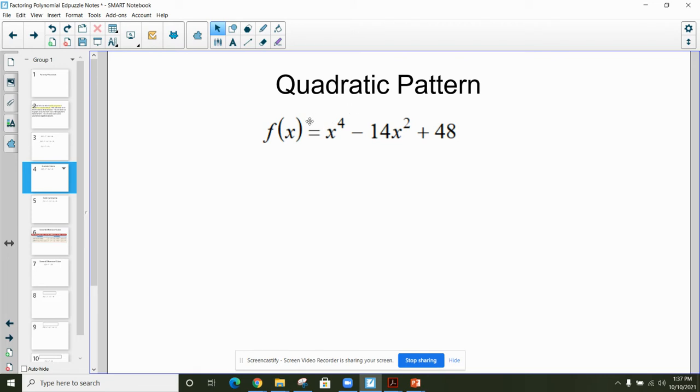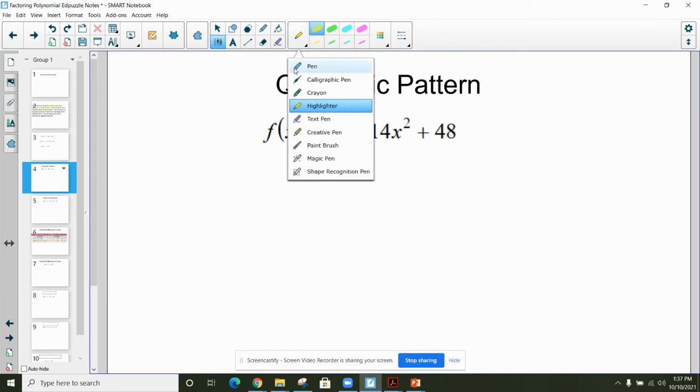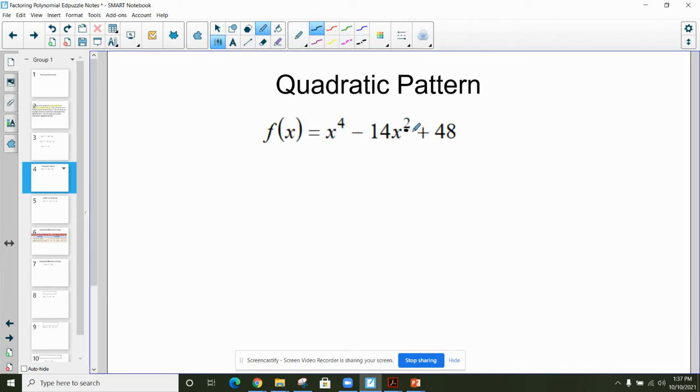The next thing you have to check, so you have a trinomial, it's an even degree, the next thing you want to check is the middle term. What is the degree on the middle term? If this exponent right here, this 2, is half of this exponent, then the quadratic pattern may work.